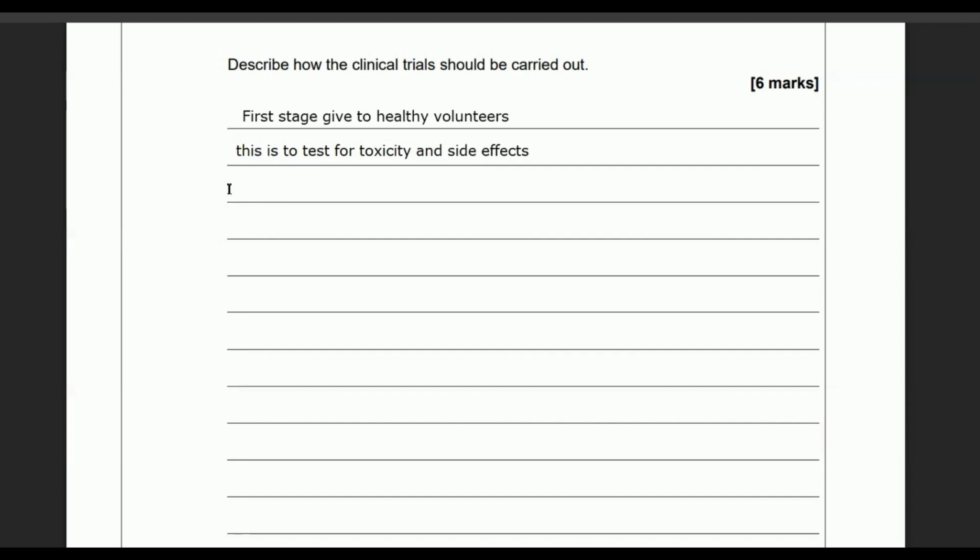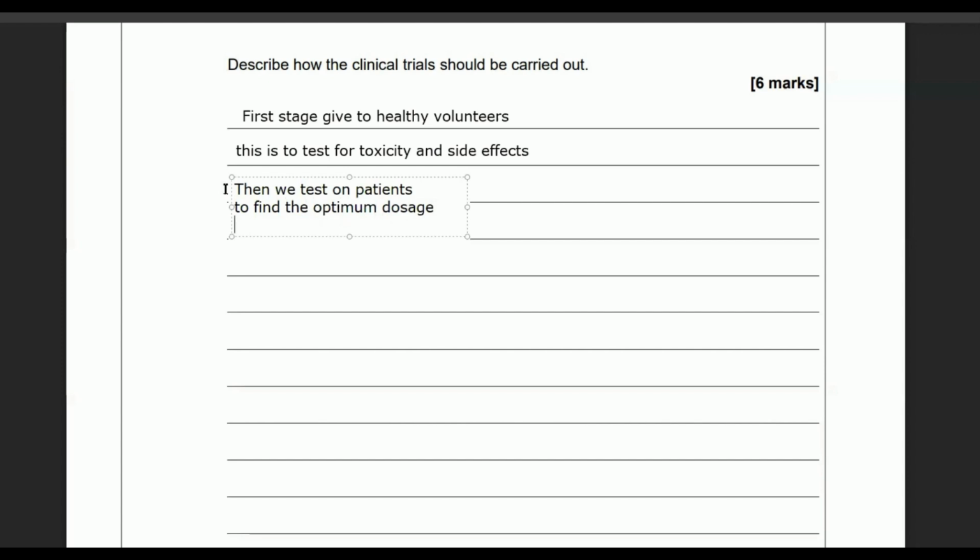We also then test on patients to find the optimum dosage. So we want to find the dose where the patients get better, but they have the minimal side effects. We call that the optimum dosage.